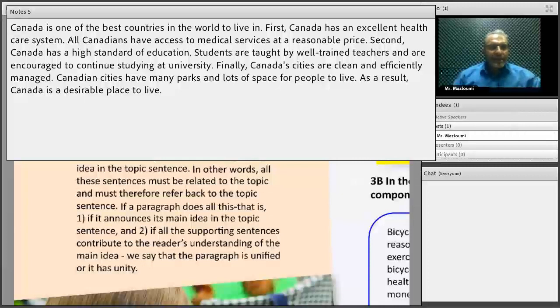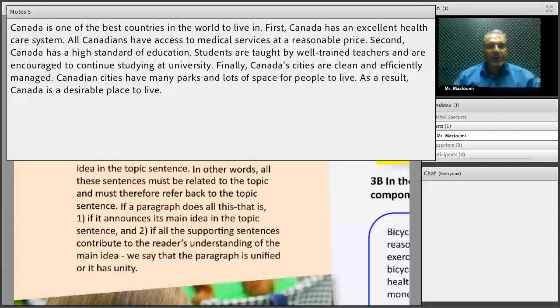Canada is one of the best countries in the world to live in. First, Canada has an excellent healthcare system. All Canadians have access to medical services at a reasonable price. Second, Canada has a high standard of education.